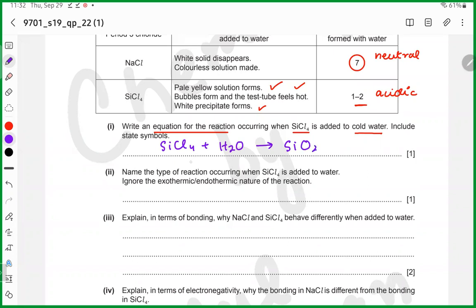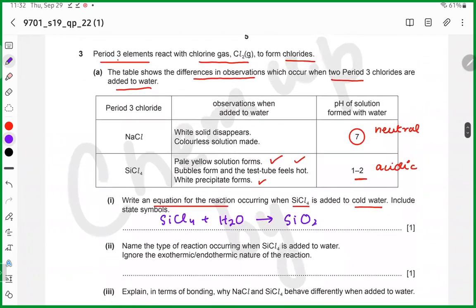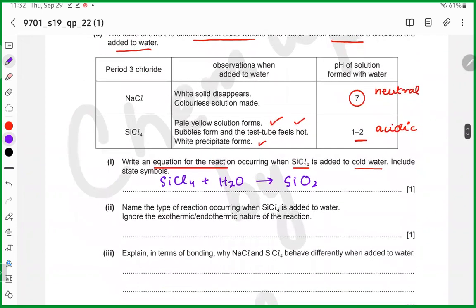What is the state of SiCl4? Remember, SiCl4 is a liquid. H2O is a liquid, and we will get SiO2, which has a giant structure, so it's a solid. Along with that, the hydrogen from water forms HCl, yes, very good.